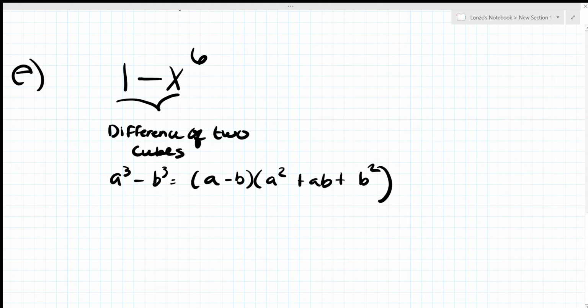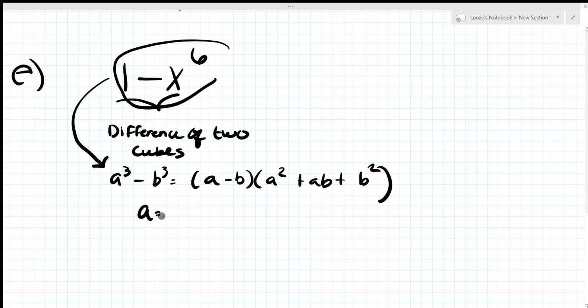Okay, so we got to figure out which side this looks like, the right side or the left side. This looks like the left side, right? It's in this form, so we just got to make it look like this on the right side, but we got to figure out our a and our b. So what do you think my a is? What number when cubed gives you 1?